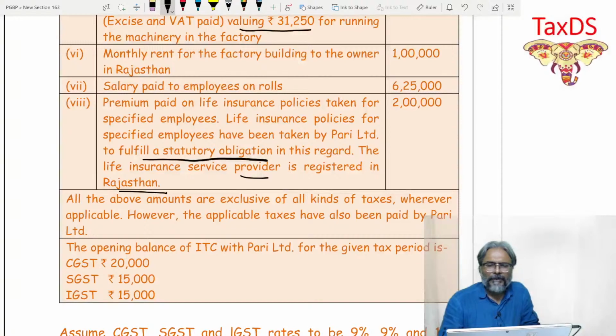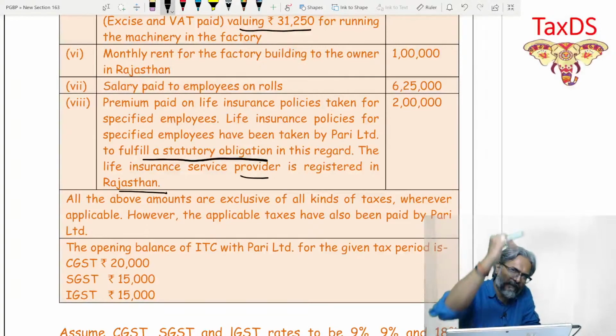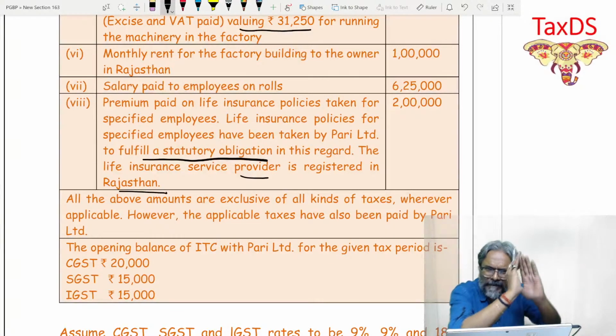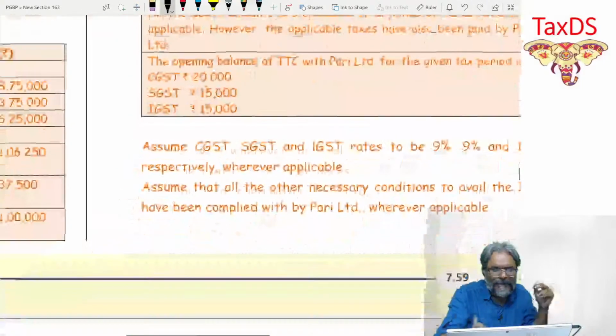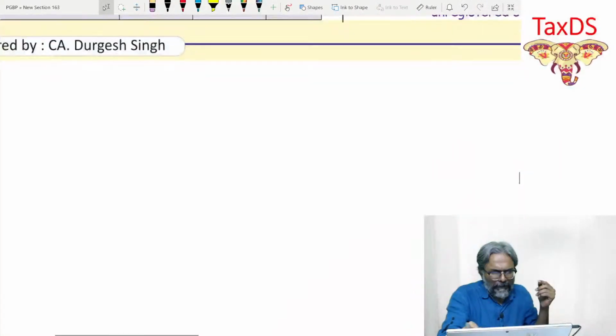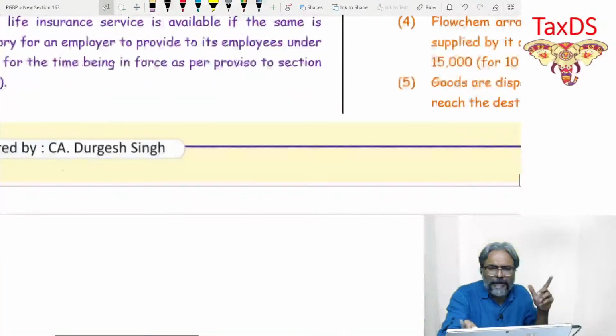All the above amounts are exclusive of this. So this is the same question as 22. You can skip this question. I just discussed this point because in a different form this question is appearing, but with similar content. So there is nothing new in this regard. Now, students, we come to the balance questions.